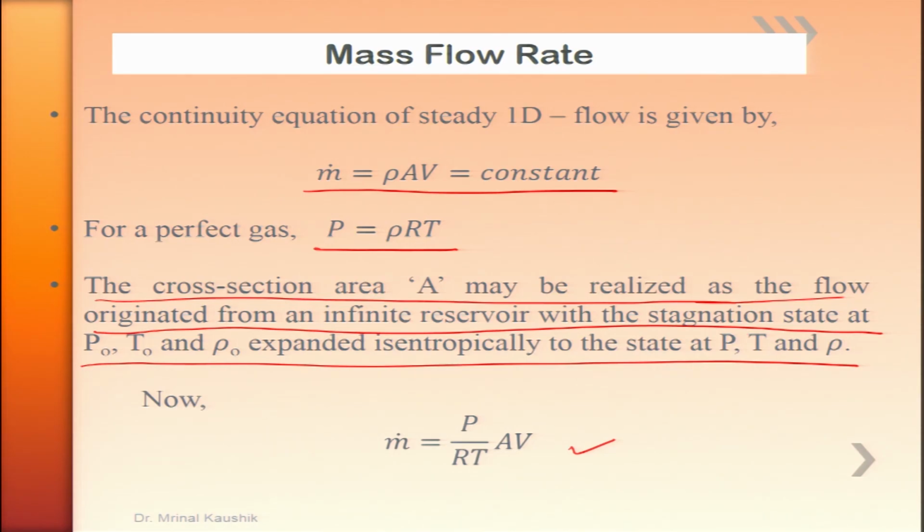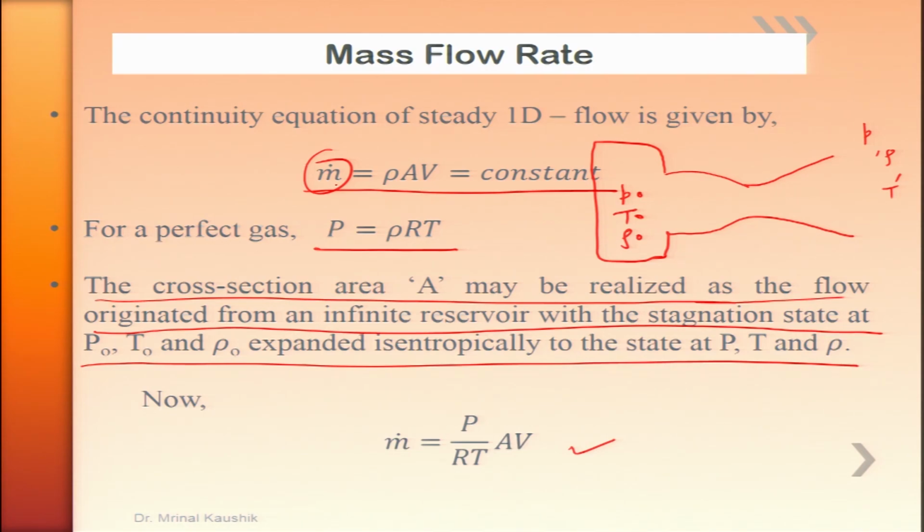That is what essentially we did in the convergent-divergent nozzle, which is operated from an infinite reservoir, where the conditions are P naught, T naught and rho naught, the stagnation conditions, and we are interested in what P, rho and T are along the duct, and then in turn, in these parametric terms, what the mass flow rate is.